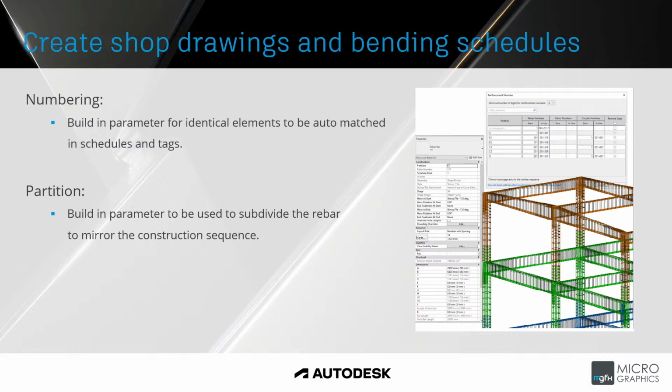So you just place, and the first one obviously you number, and then the rest get auto numbered. All right, so that helps in not manually numbering each bar that you place.